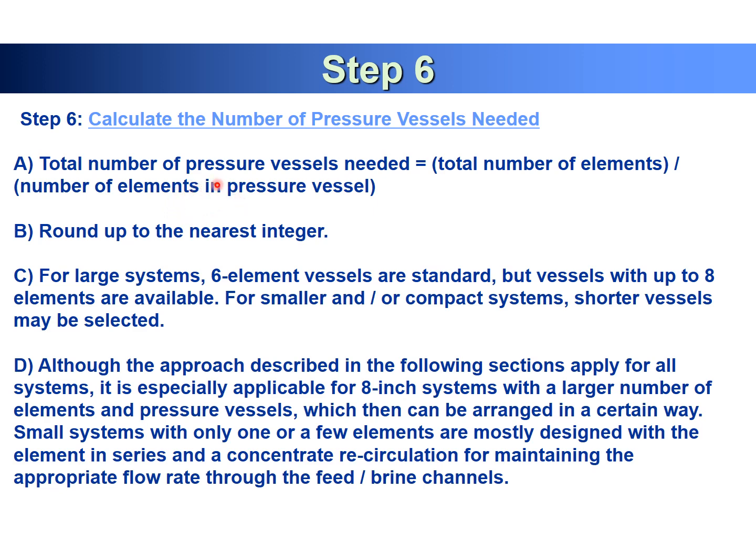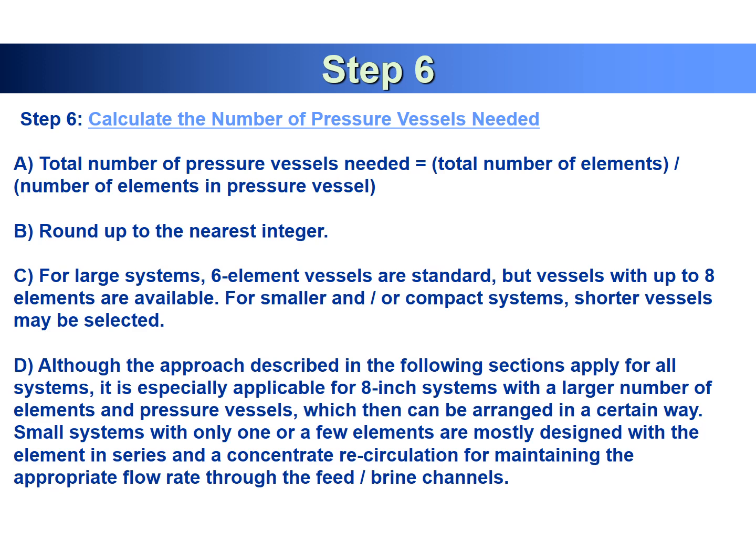Total number of elements are 70. So we need 10 pressure vessels to design this size of water capacity and round up to the nearest integer. For large systems, 6 element vessels are standard, but vessels with up to 7-8 elements are available for smaller and compact systems. Shorter vessels may be selected.